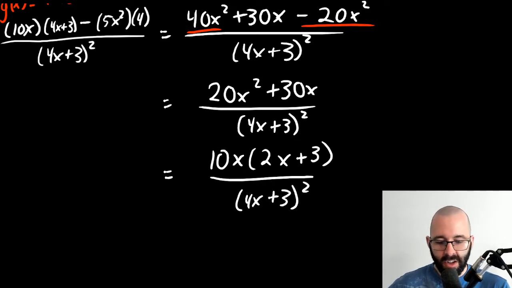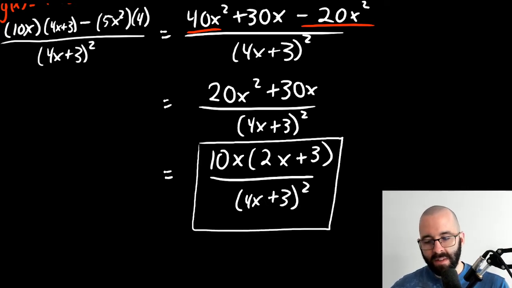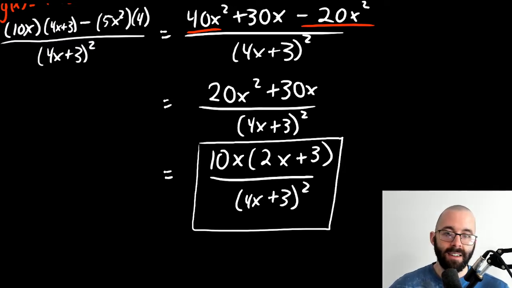But even though they're close, the bottom doesn't factor anymore, the top doesn't factor anymore, and none of these factors are the same. This is actually as simplified as it can get. So you have to be a little careful with these ones. This is the form that your final answer should be in.